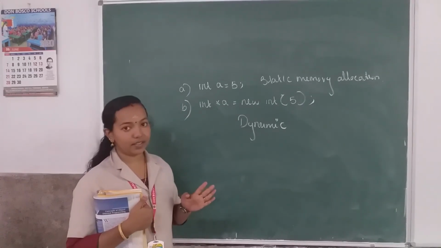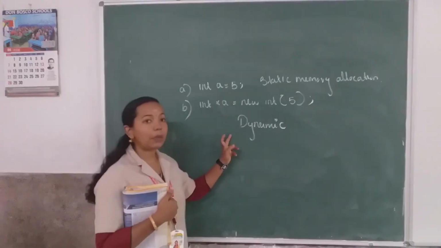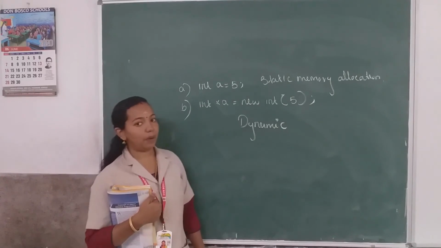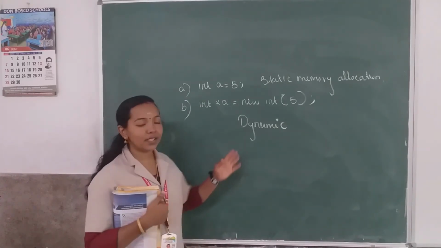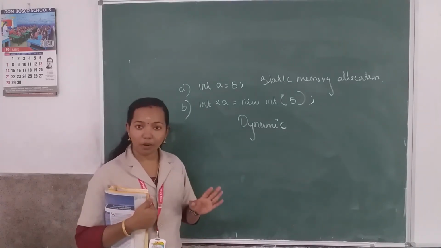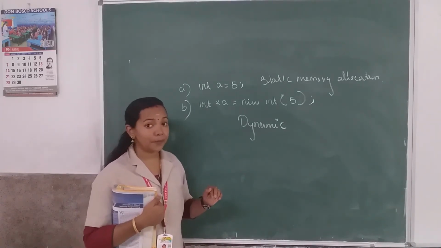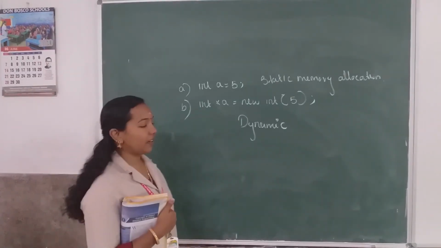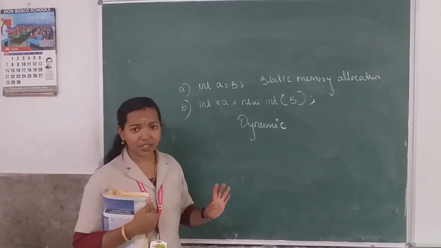So that is the difference. Here we are using dynamic memory allocation, and in the first statement we are using static memory allocation. In both, the value remains the same, 5, but in the first statement it is a normal variable, and in the second statement, a pointer variable.